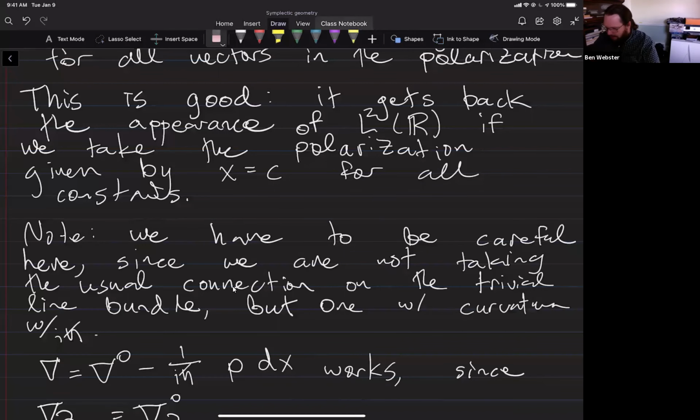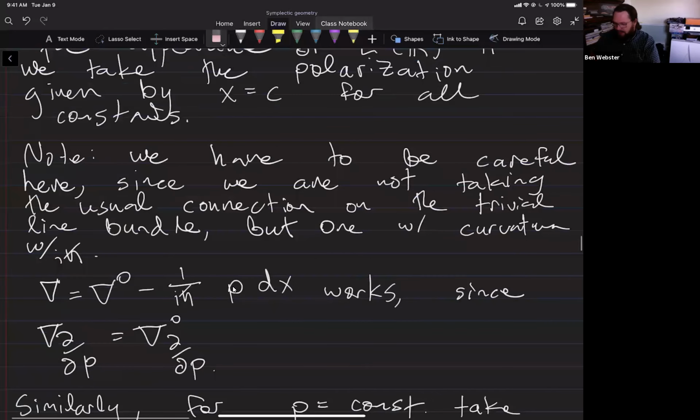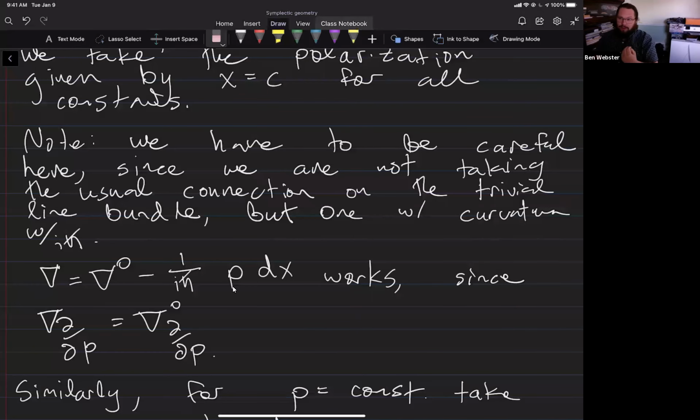We have to be a little bit careful about this point because remember, we're taking things which are constant, not with respect to the usual connection on functions, but to a non-trivial one. In this particular case, I can take the usual covariant derivative minus 1 over i h bar p dx.